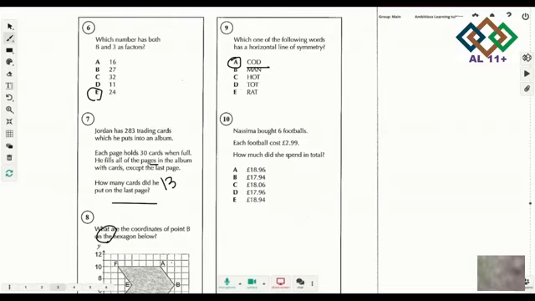They are just asking you, Naseem bought 6 footballs. Each football cost £2.99. How much did he spend in total? You just need to round up 2.99. That's 3, by adding 1p, and you multiply it by 6. So it's 3 multiplied by 6. That gives me 18. That's not enough.